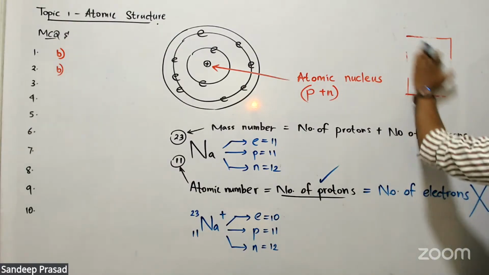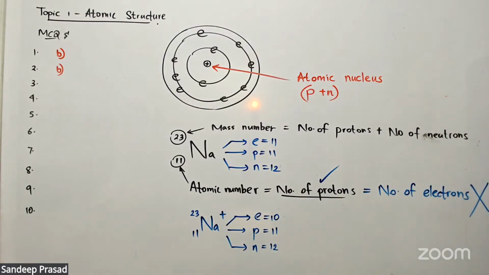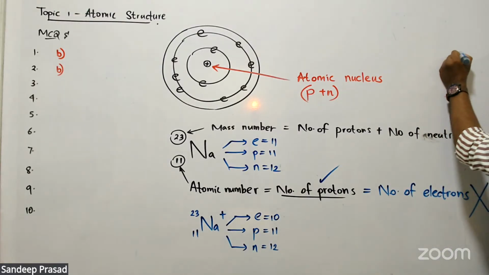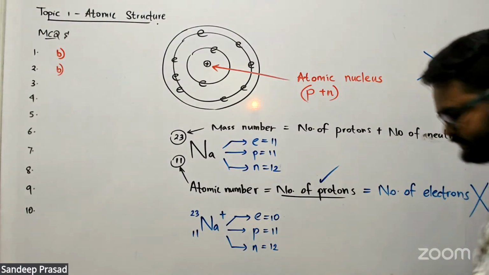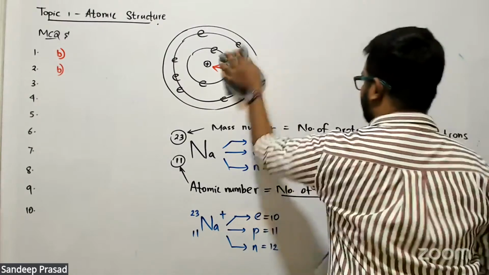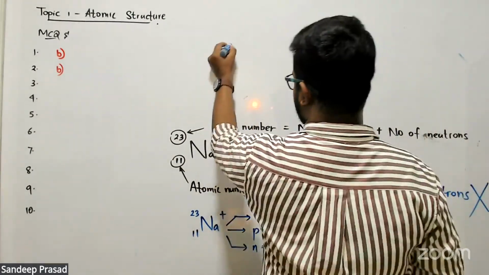And remember, we are symbolizing an atom like this, right? Let me consider X. You already know about this notation. You have learned that one before.